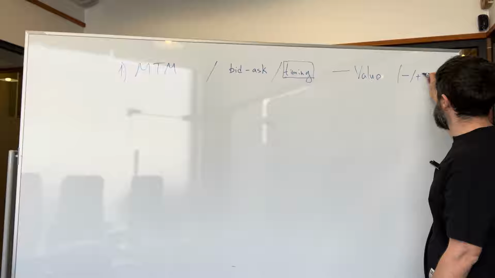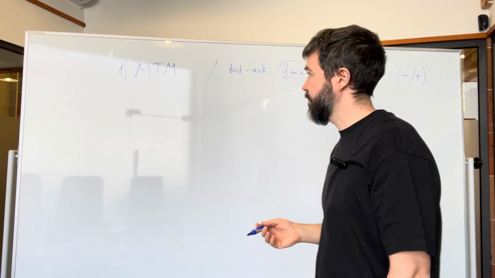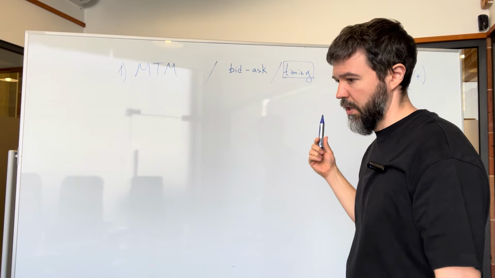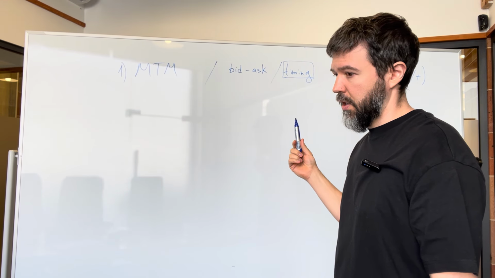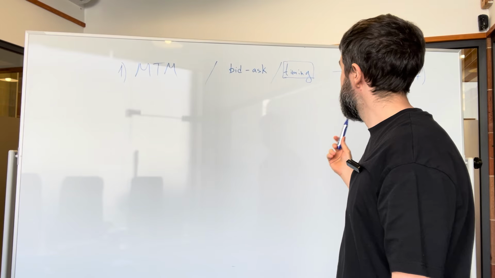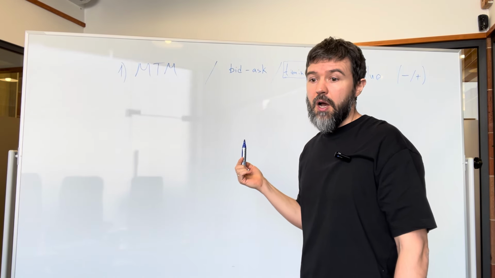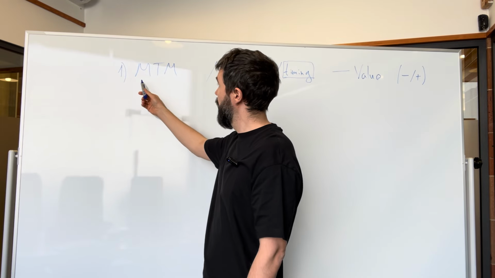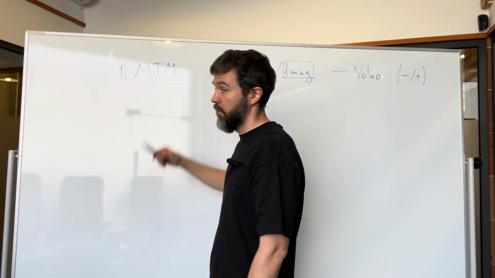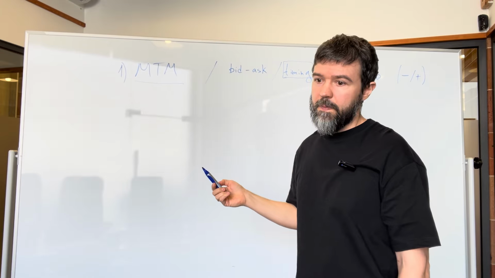If it's plus, that should be an asset. Okay, what should you do next? There are a couple of things that I'm personally checking. I'm checking the quality of the mark-to-market report.